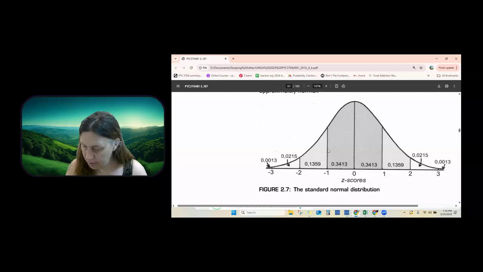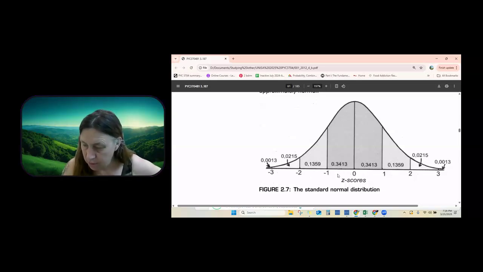The mean is 0 and the standard deviation is 1. And that gives us a curve in which certain numbers are constants. These numbers here are constants. So one standard deviation from the mean is always going to have an area of 0.3413. And this side also 0.3413.